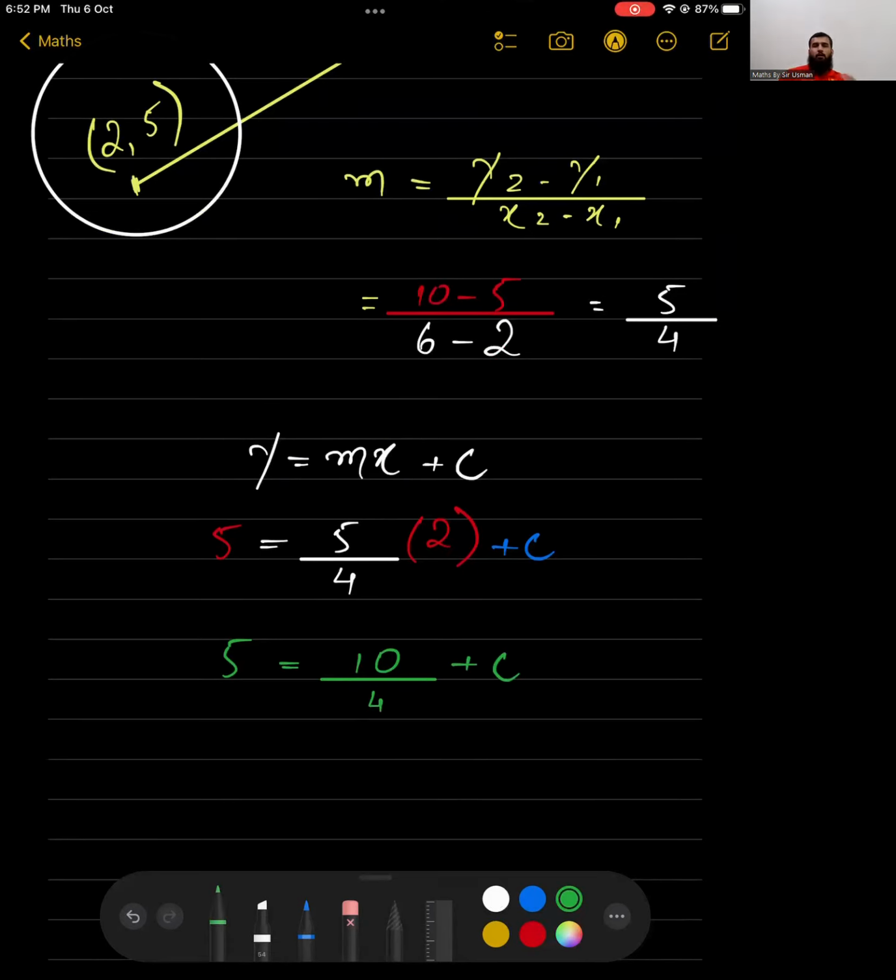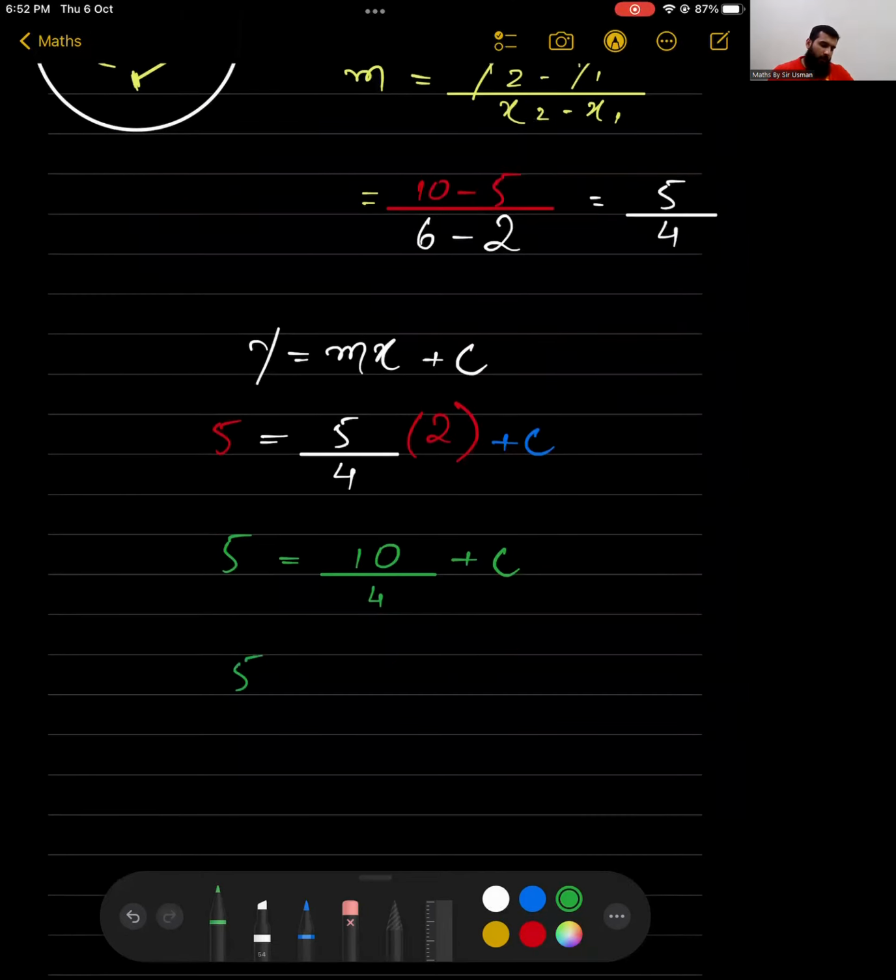Now you have to move the 10/4 either directly or by making it a decimal. That's completely your choice again. If we move it directly, this is positive 10/4. We'll switch it to the other side and it will become negative 10/4 is equals to c.